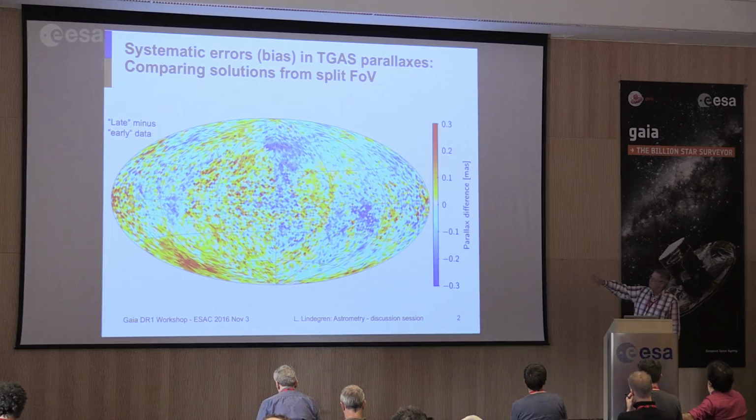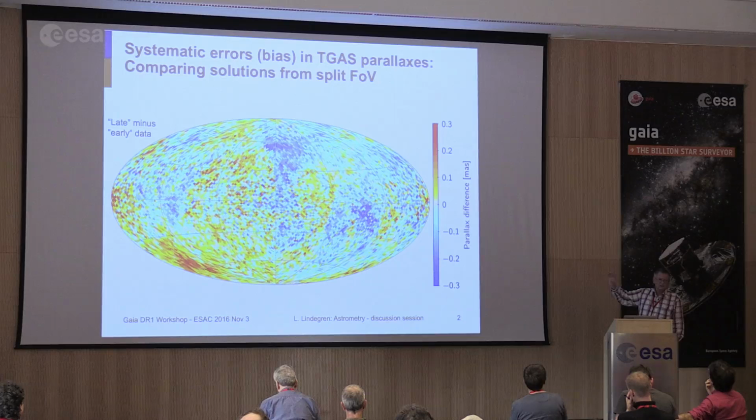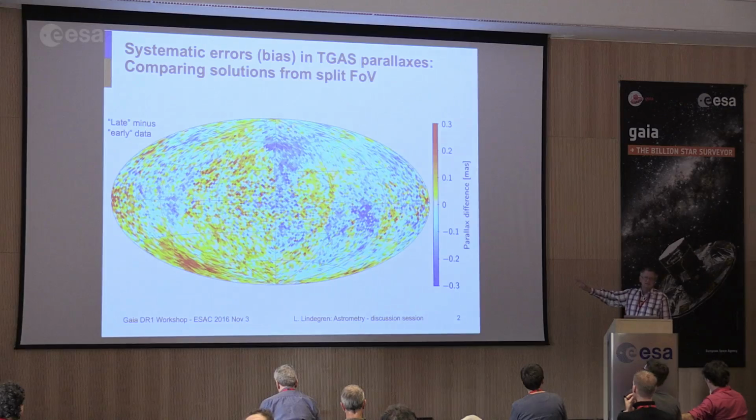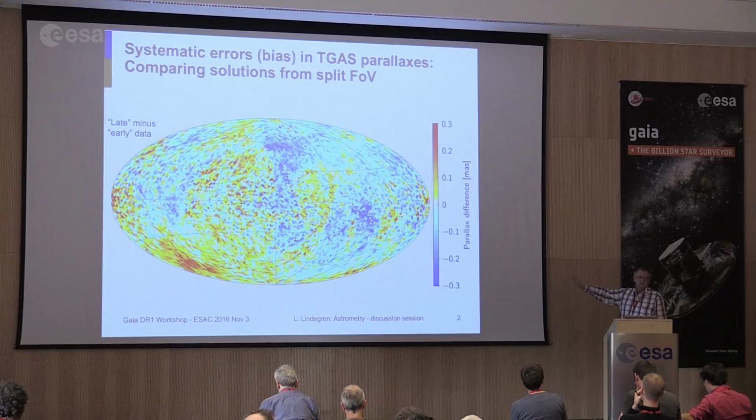It's large-scale features of the order of tens of degrees, and the total amplitude of it is of the order of 0.3 milliarcsecond. If we think that that is representative for the actual parallax errors, then that means that the RMS bias is not 0.3 milliarcsecond, but much smaller, maybe 0.1 even.